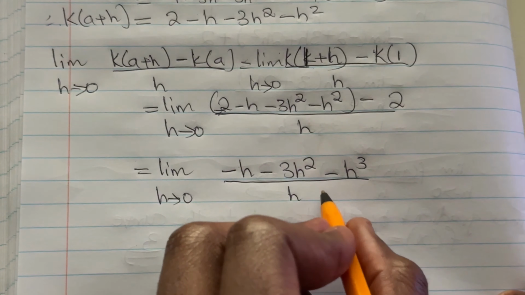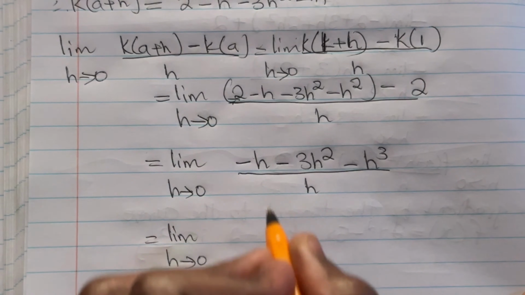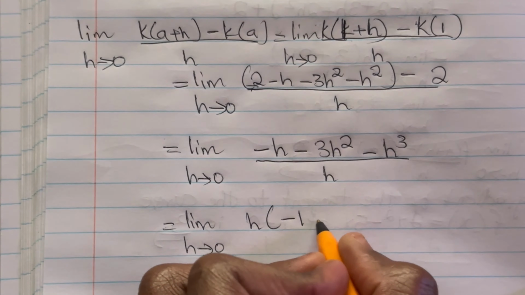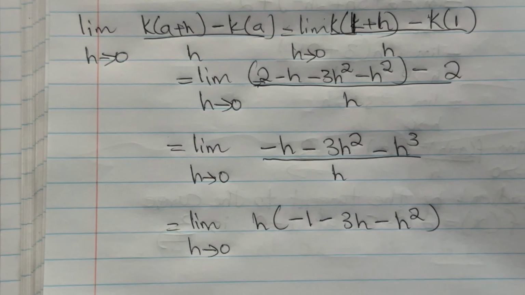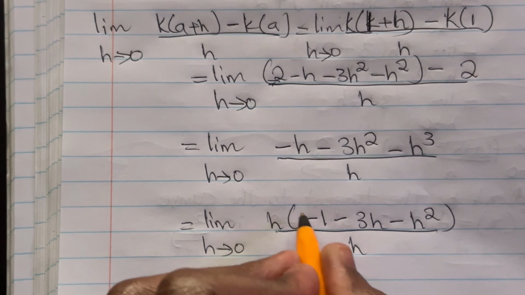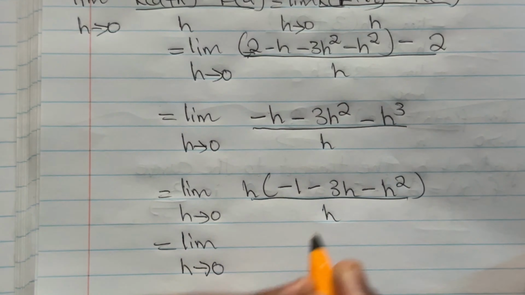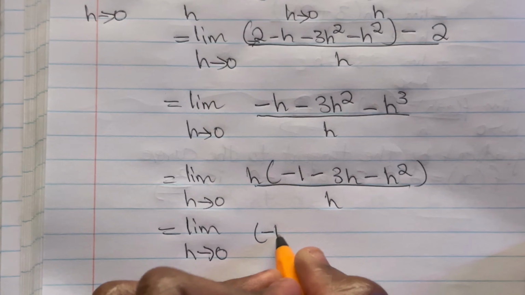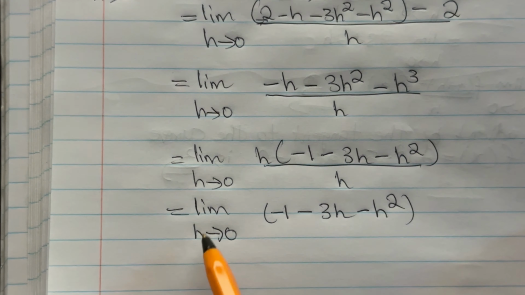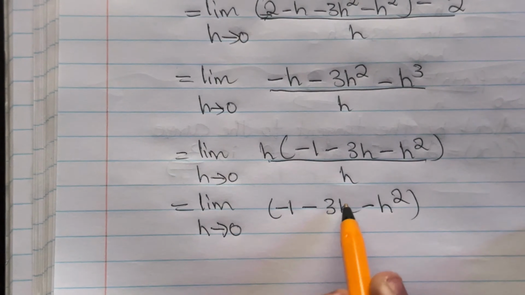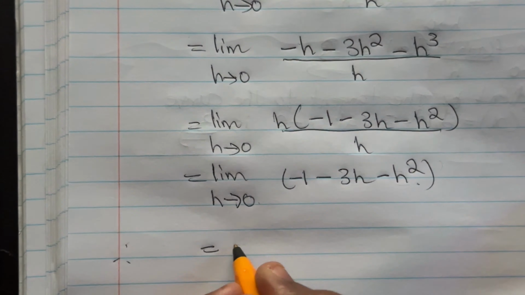Then simplifying further, we factorize the numerator. We have h into minus 1 minus 3h minus h squared, divided by h. Then we cancel out the h. So the limit h approaches 0, these two cancel out. Then we have minus 1 minus 3h minus h squared, right? Then when h approaches 0, you put 0 here, this will be 0. You put 0 here, this will be 0. Therefore, the answer is equals to -1.